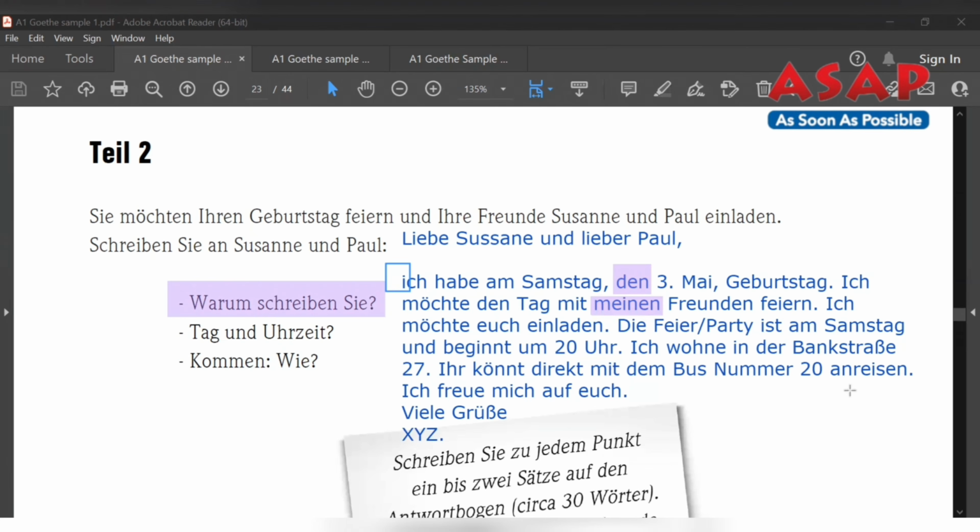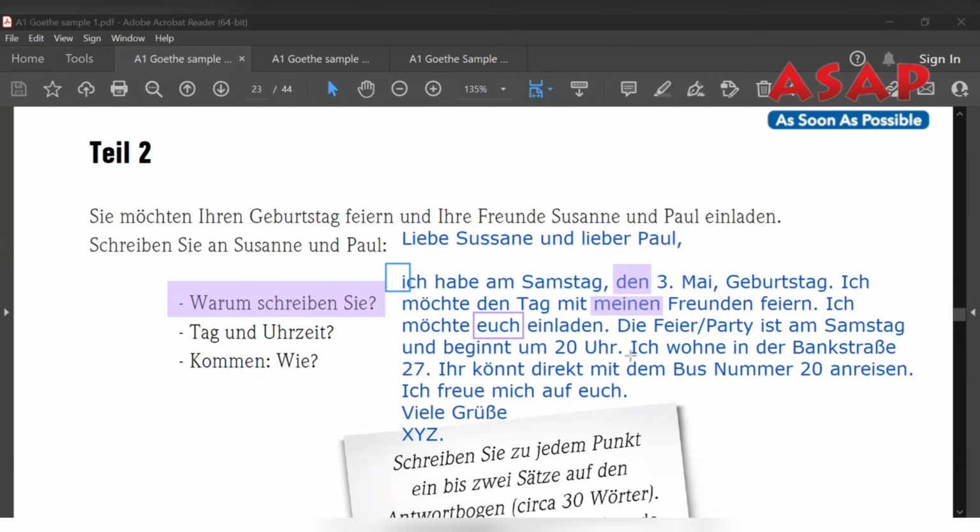I want to invite you guys. So as I told you, it is in ihr form, so pay attention to things like euch. So here the first point is covered. Warum schreiben Sie? I have a birthday, want to celebrate with my friends, I want to invite you.